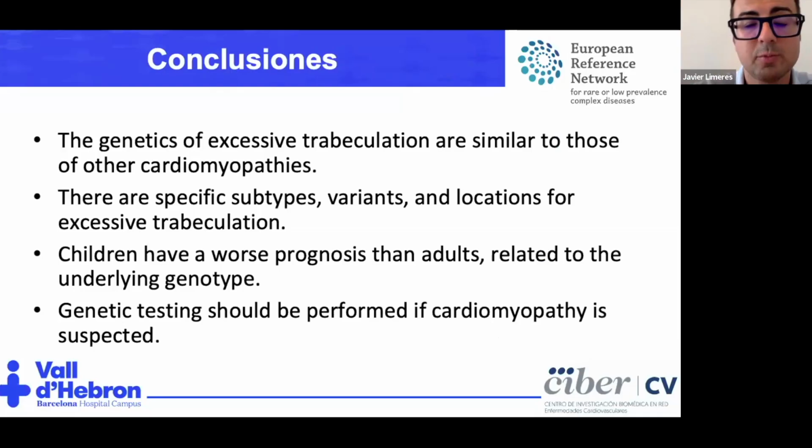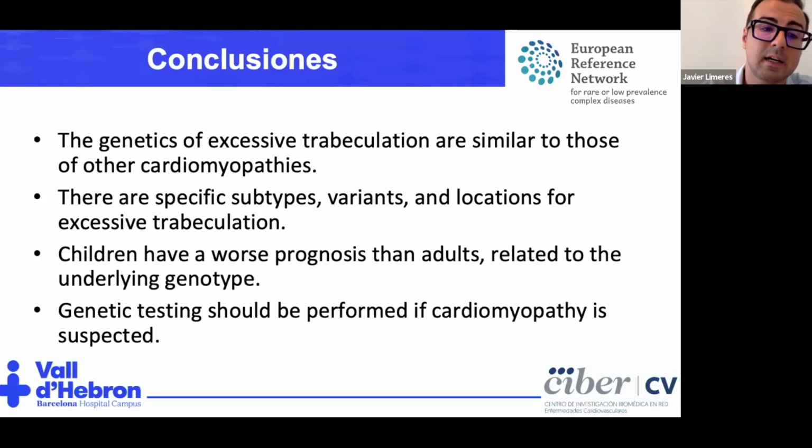To conclude my presentation, I think the genetics of excessive trabeculation is similar in the genes to other cardiomyopathies, but in this entity you can find different or specific variants, or in specific regions, not associated with trabeculation.